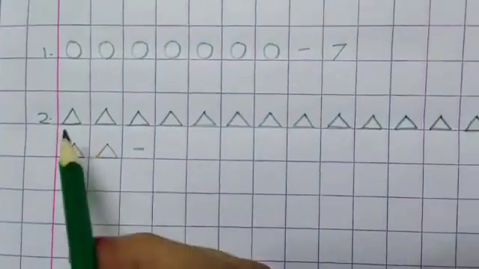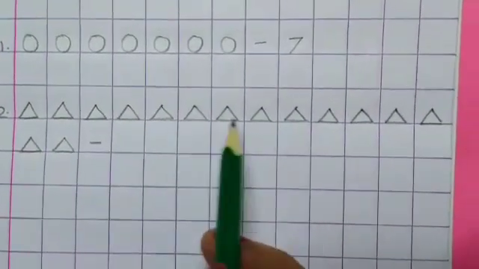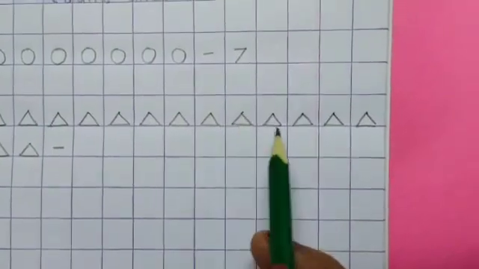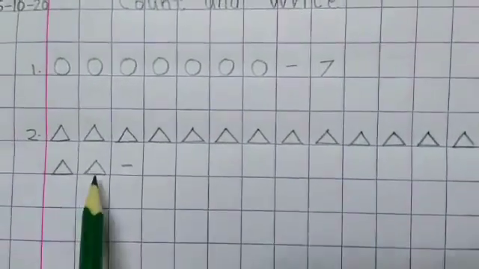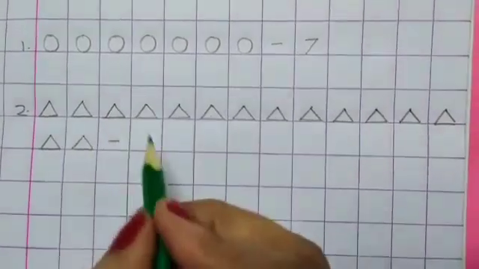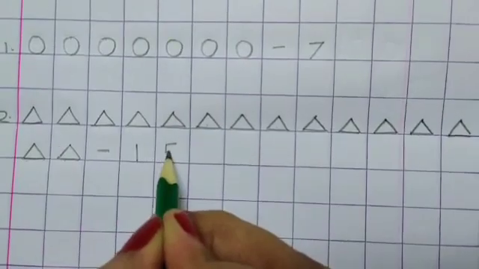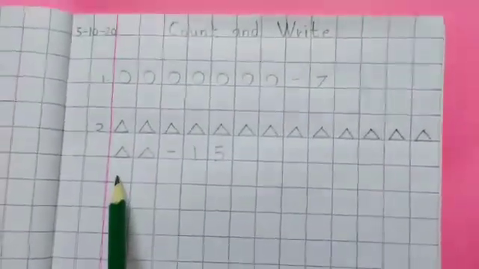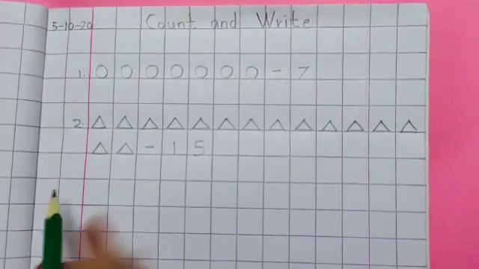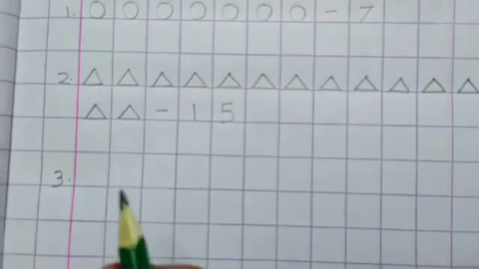Now let's count. 1, 2, 3, 4, 5, 6, 7, 8, 9, 10, 11, 12, 13, 14, 15. So you write 1, 5, 15. Leave a square and then in the margin you write number 3.